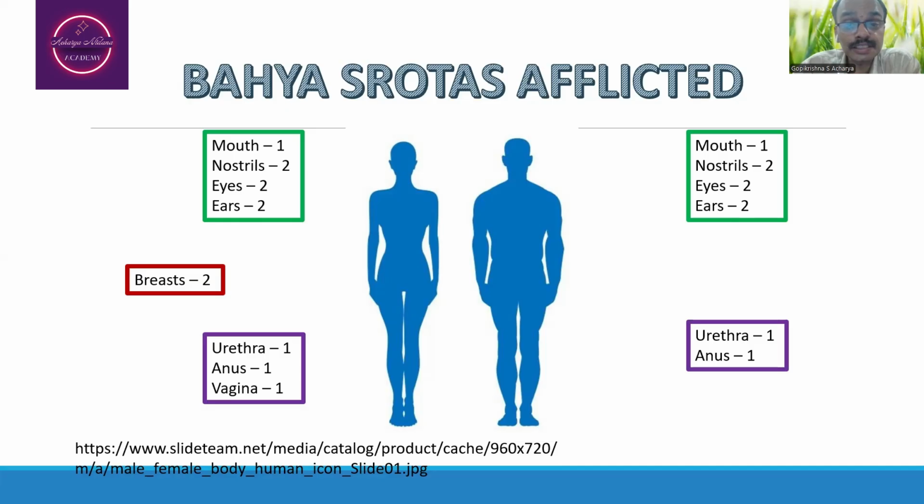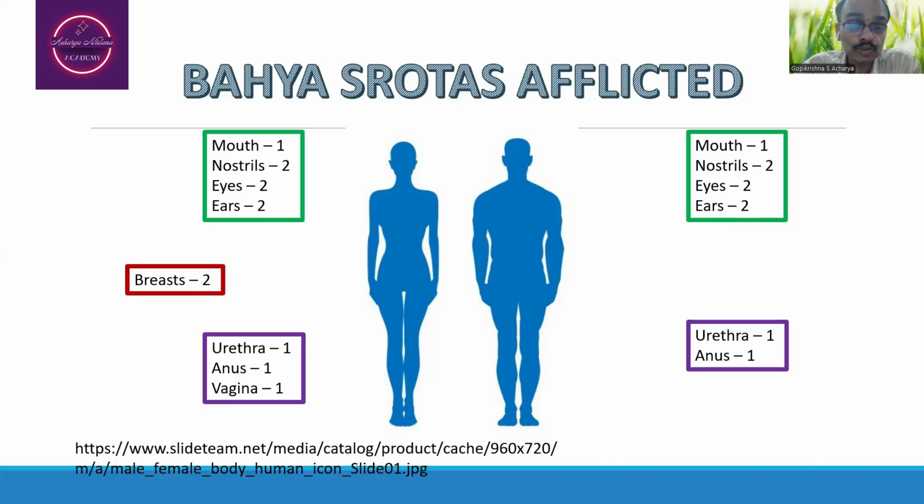For example, if the exposure to the pathogen happens through the mouth, then we expect tastelessness, taste imperception, pain in the mouth or irritation in the mouth, etc. If the exposure is through the nose, the person may have sneezing, cough, running nose, nasal blockage, pain in the ears, etc.